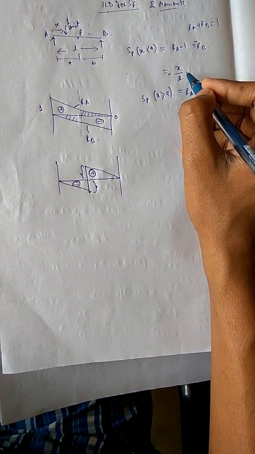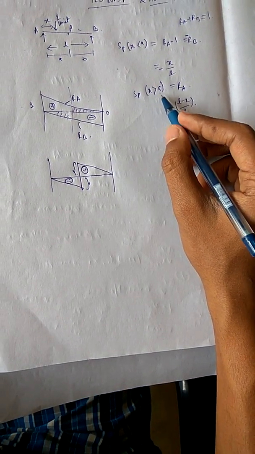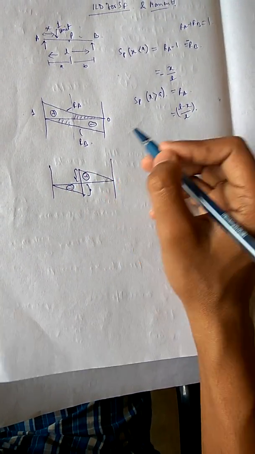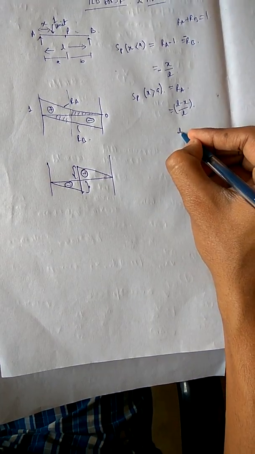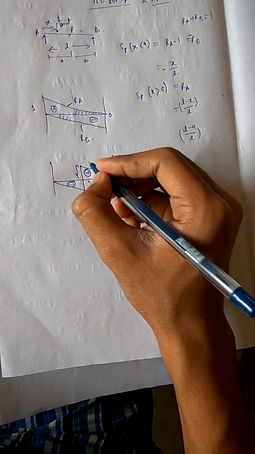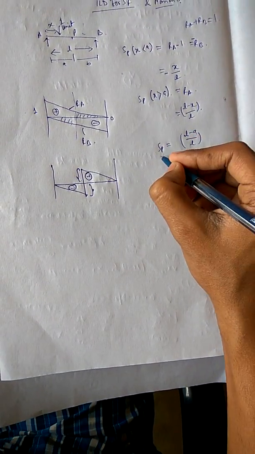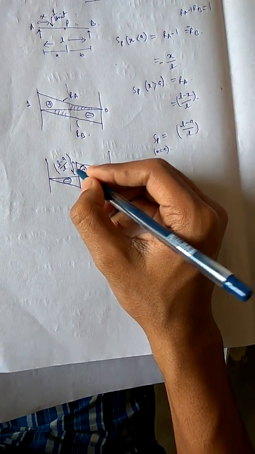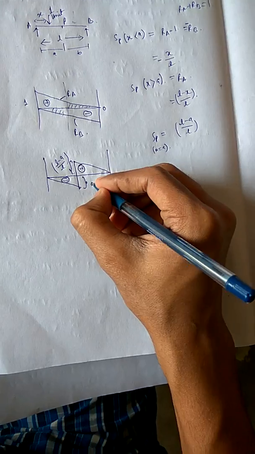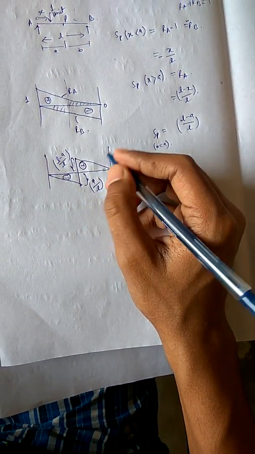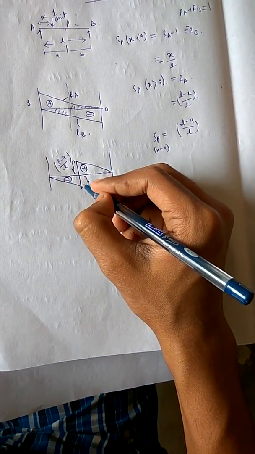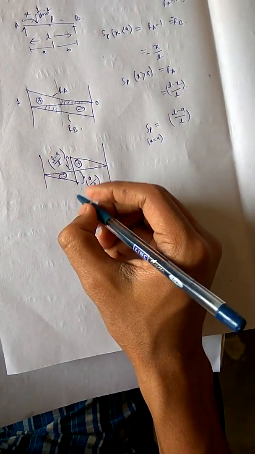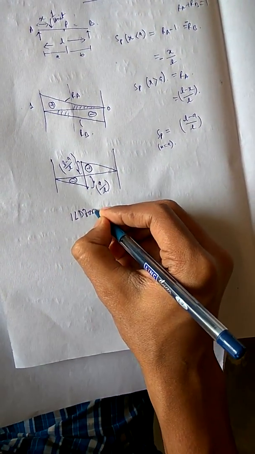So putting x equal to a in the equation for RA, the shear force at x equal to a is L minus a by L. If the overall value is 1 and this value is L minus a by L, then this value is a by L. But as it is in the negative part, it is minus a by L, though its magnitude is a by L. So don't confuse. This is the ILD for shear force.